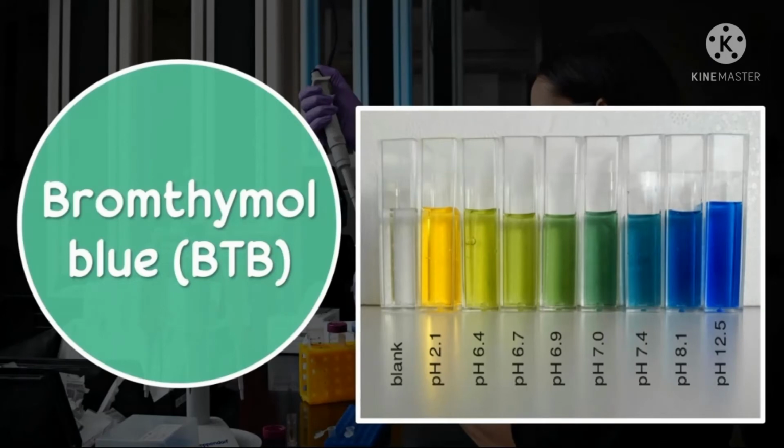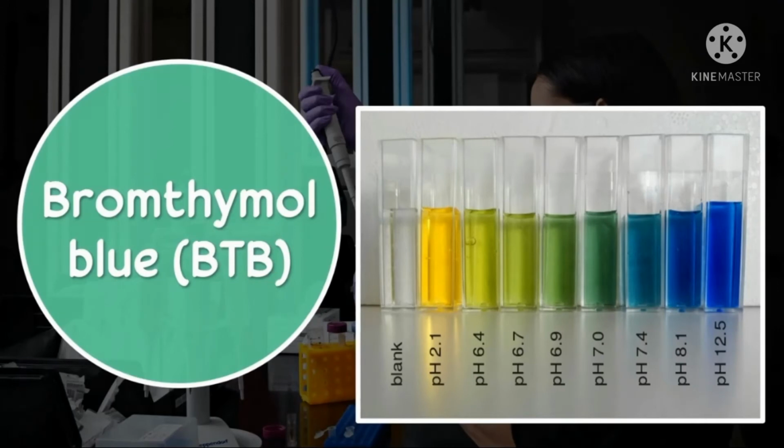Focus muna tayo sa picture. On the left side, you can see that the colors are yellowish, and on the right side are bluish, at meron pang blue. Sa ibaba, you can see the different labels kung ano yung pH number nila.